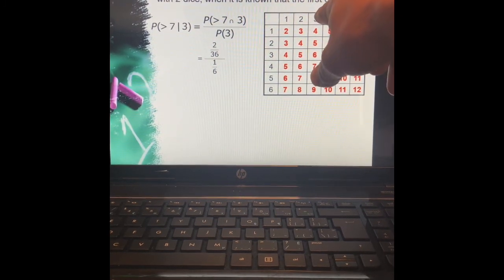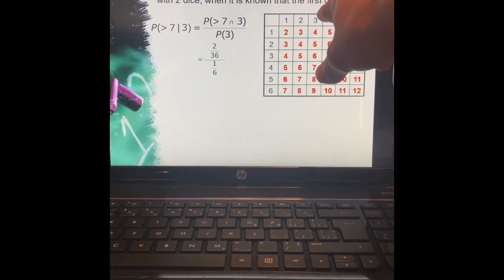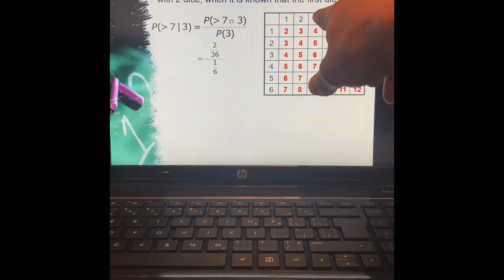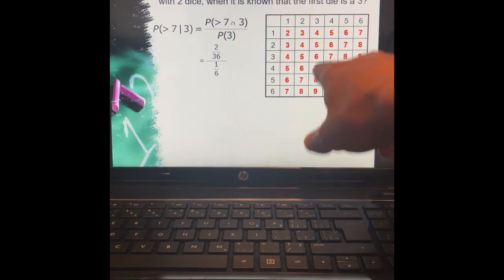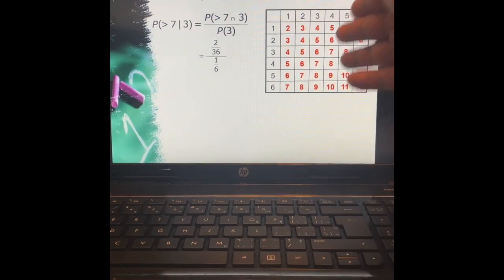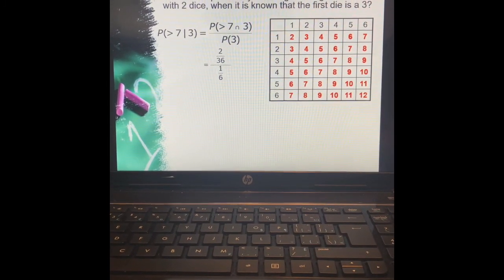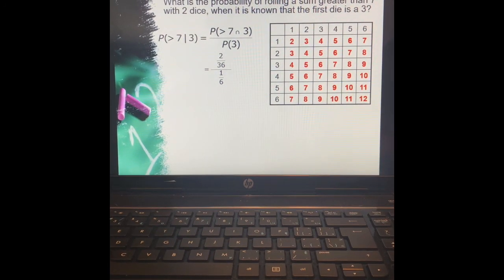And how many other options would there have been? Well, you can get a 3 with a 1, a 2, a 3, a 4, a 5, a 6. So that would be 6 out of 36 as the denominator.